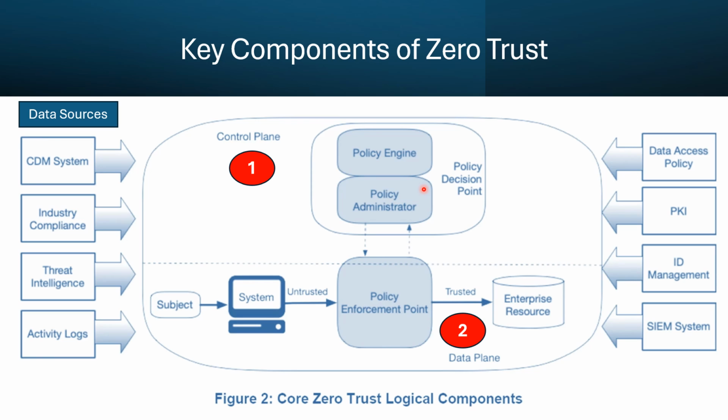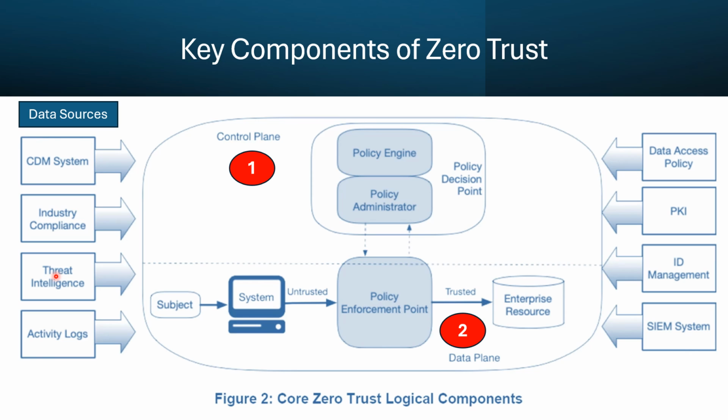Also part of both the control plane and the data plane is the data sources. In terms of the data sources, we have the continuous diagnostics management system. We have industry compliance that we need to adhere to.